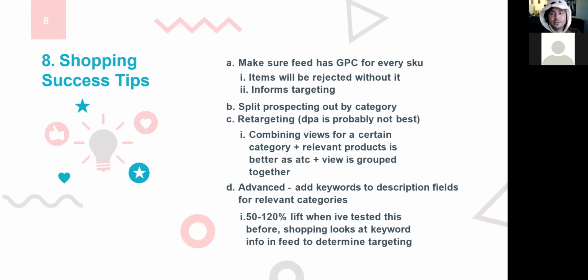So absolutely do this. The fun thing is that if a description in shopping gets too long, it's truncated in the search results page. So it's like the old days of SEO where you can keyword stuff a description field, your ads will show up, and the end user won't see those keywords.